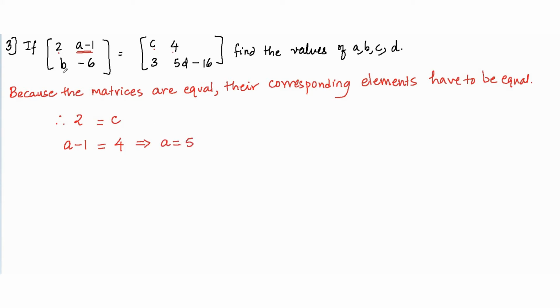The second row first column element on the left hand side, which is b, should be equal to 3, and the second row second column element on the left side, which is minus 6, should be equal to 5d minus 16, right? Because they are the corresponding elements. Therefore, 16 minus 6 is equal to 5d, which implies d is equal to 2. So this is how we get the value of a, b, c and d.